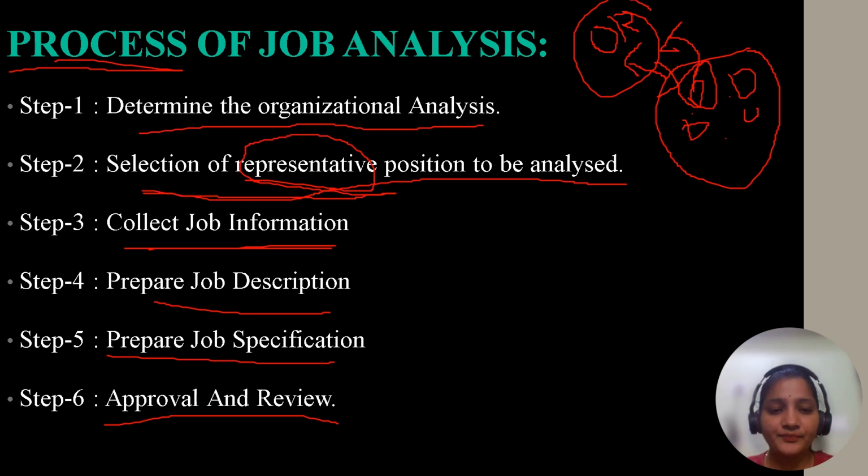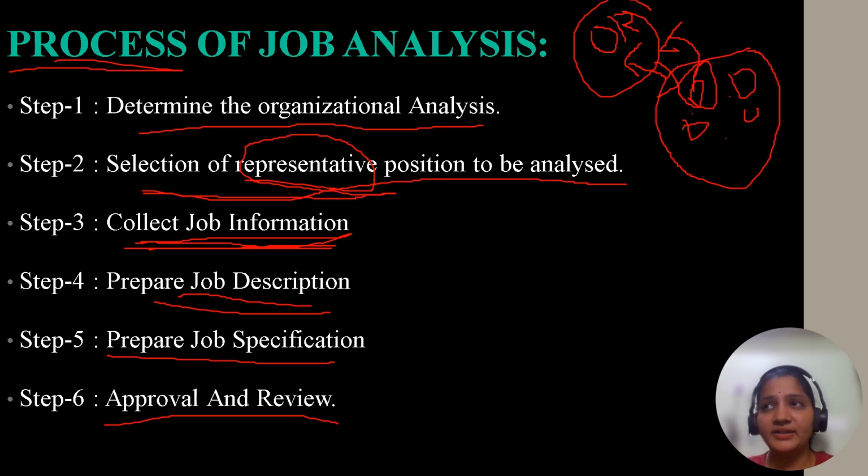Fourth one is prepare job descriptions. Okay, so we will be discussing more about job descriptions in the next video, and job specification as well. So when the HR finishes collecting all the job information, that is step 3, what will they do with it? Do they just store it? No, right? They organize it into an important document.